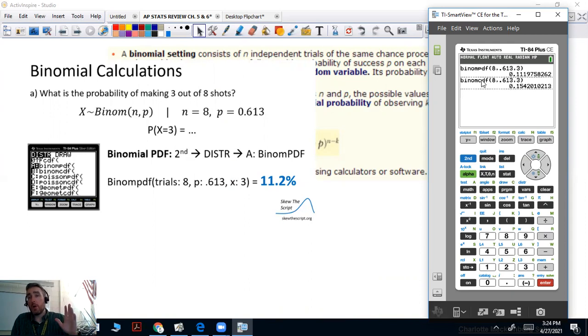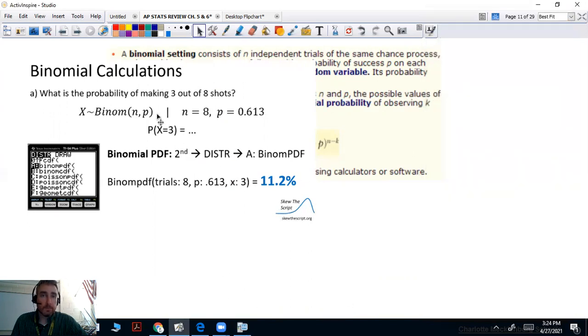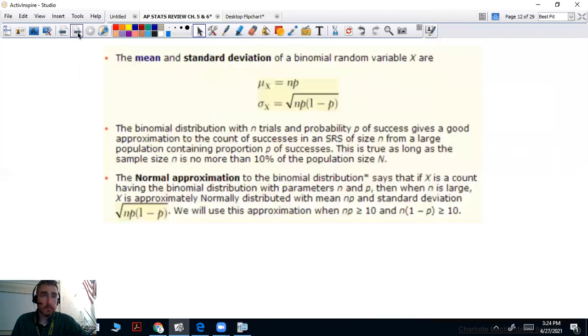And if I wanted more than 3 shots, I would subtract that from 1 to get the complement, because binomial CDFs always go to the left, just like normal CDF. So always we have to subtract that from 1.